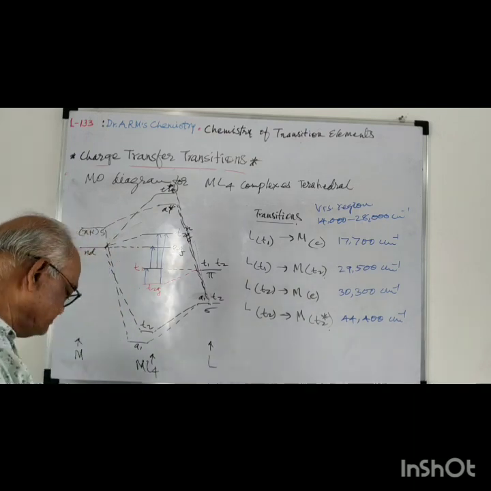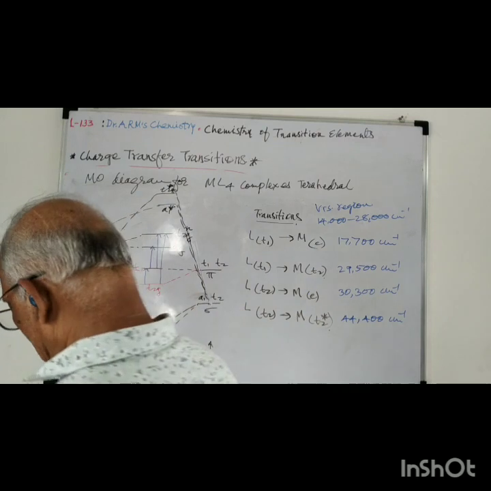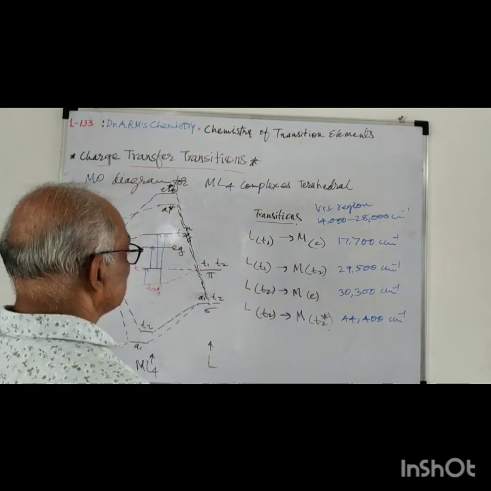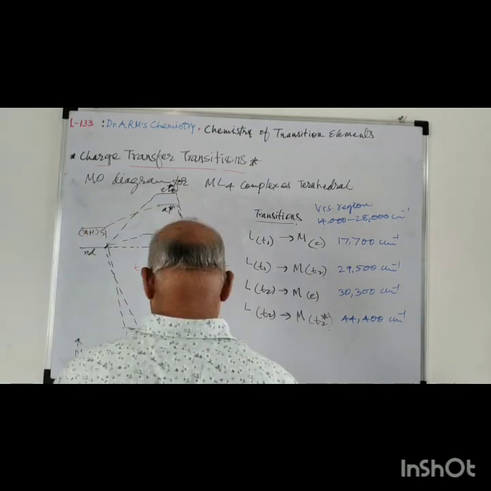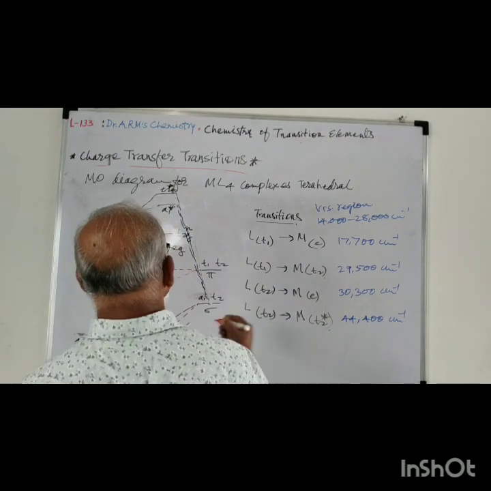So here you will find that only the T1 to E type of transition gives color.